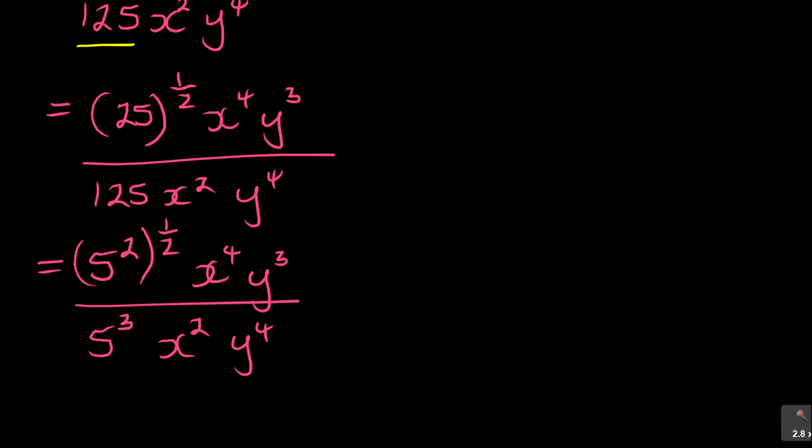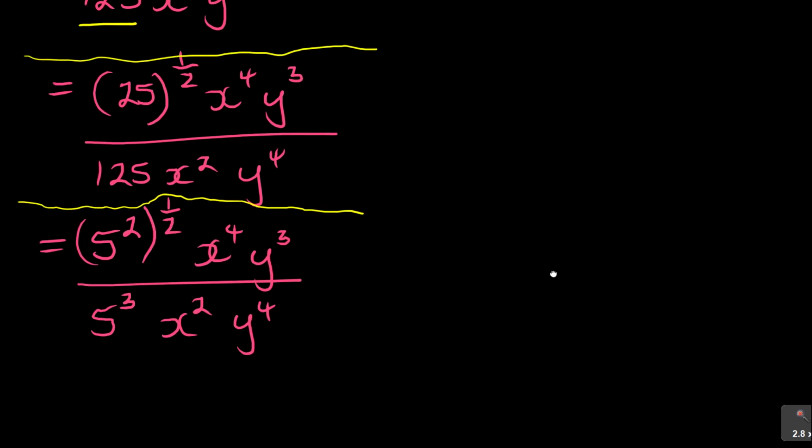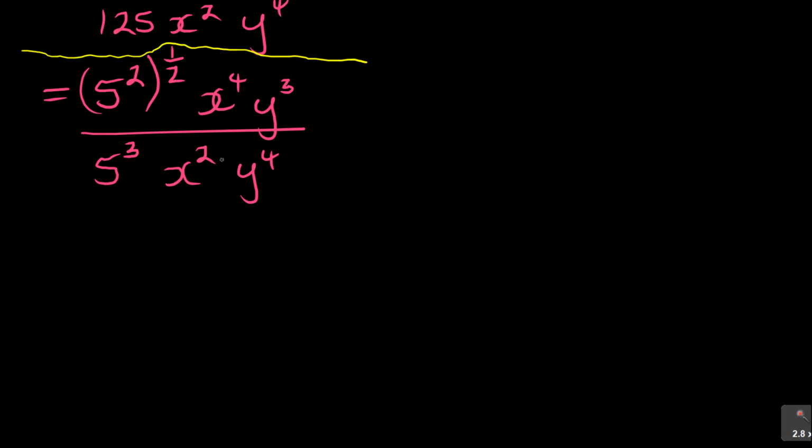Are you seeing that? If you work it out, you are multiplying 2 times half. 2 times half is equal to 1, because that will cancel. So what you have is 5 to the power 1.